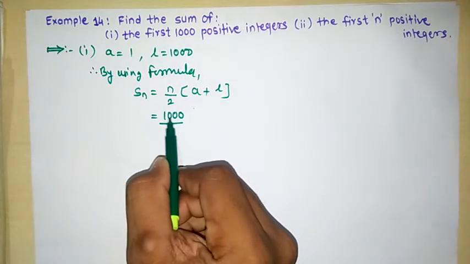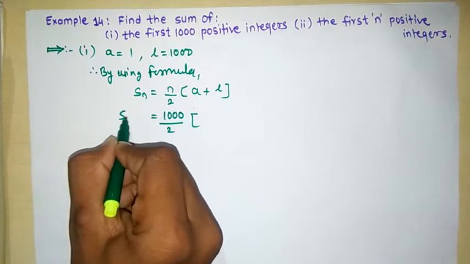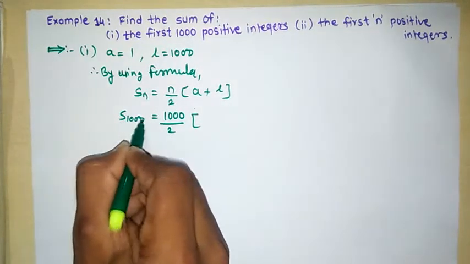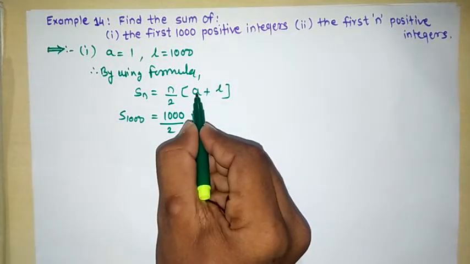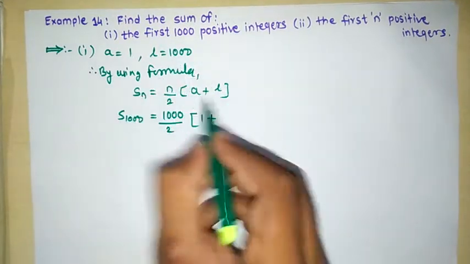Therefore n is equal to 1000. We are going to find the sum of the first 1000 terms, that is S1000. What is the first term here? First term is 1, plus the last term, which is 1000.